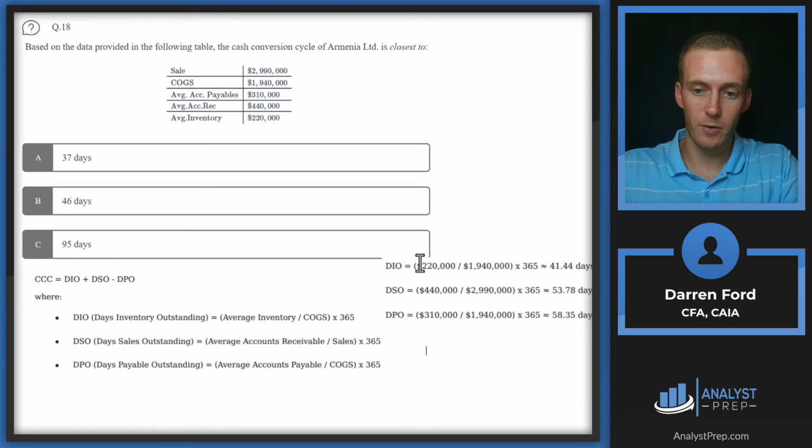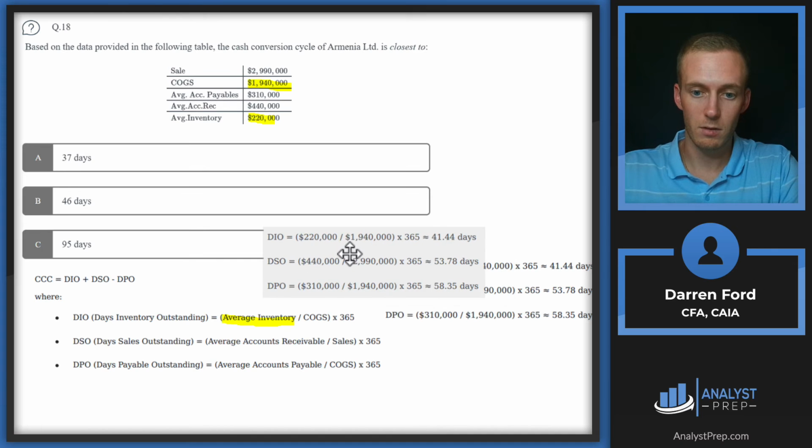For days inventory outstanding, we're taking that average inventory over COGS. So we should have 220,000 over that 1.94 million. We can see we've got that here. Let me pull this over further.